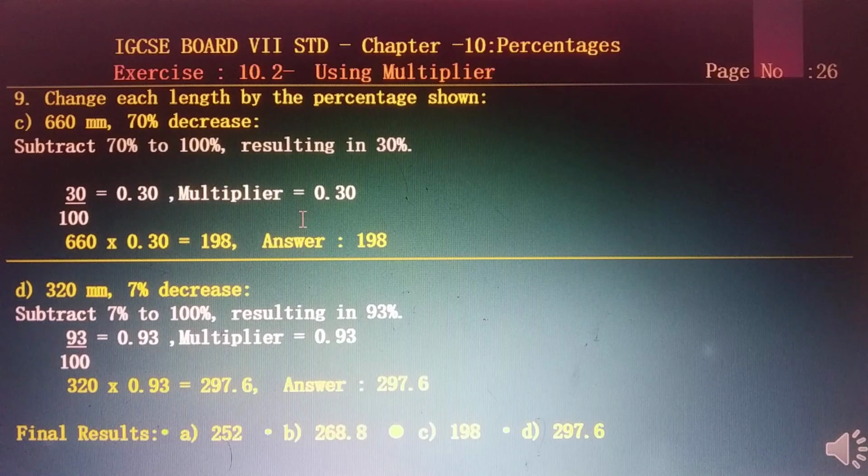We are getting multiplier 0.30. 660 into 0.30, 198. Answer is 198.